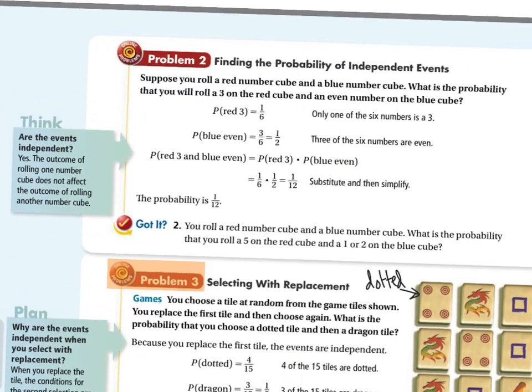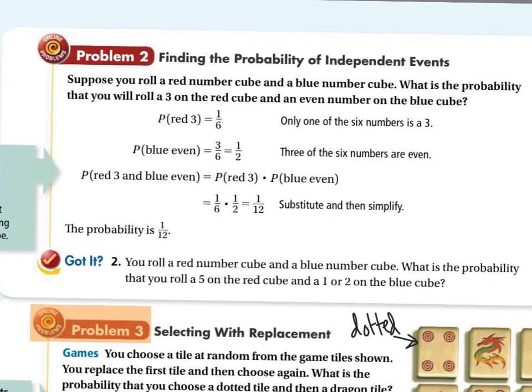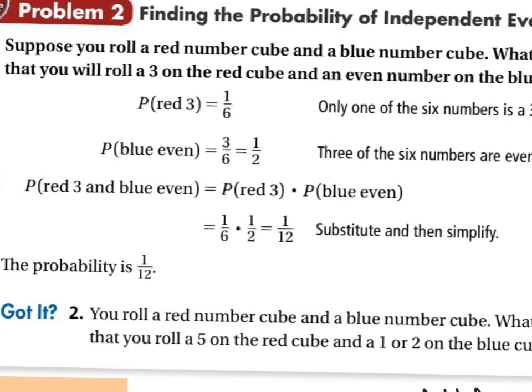So if you look at problem 2, suppose you roll a red number cube and a blue number cube. What is the probability you will roll a 3 on the red cube and an even number on the blue cube? So first of all, the probability of rolling a 3 on the red cube is 1 out of 6.